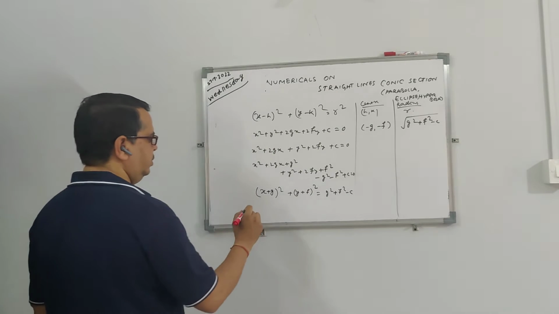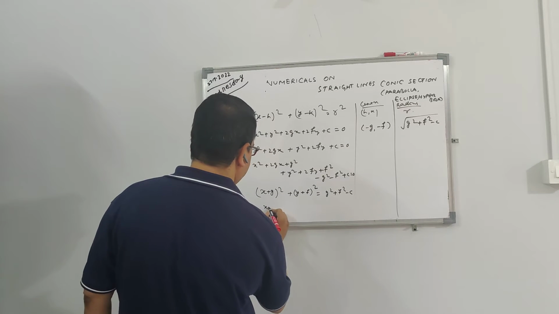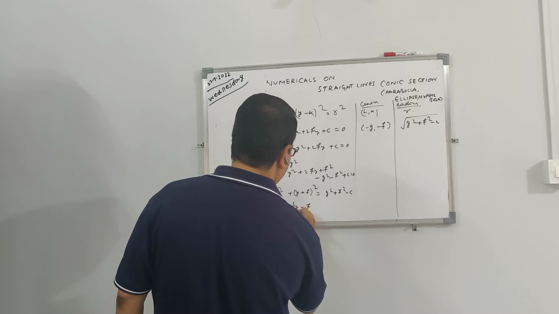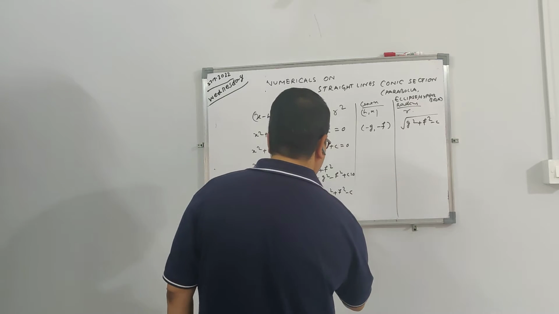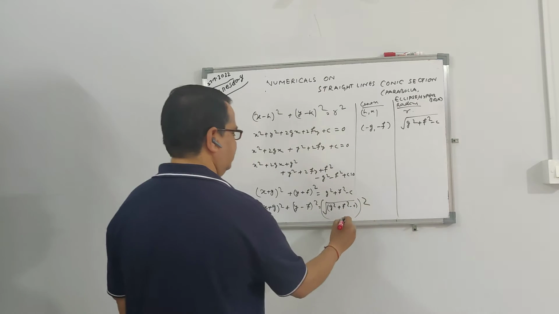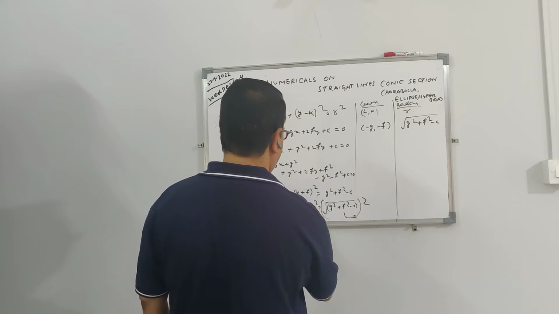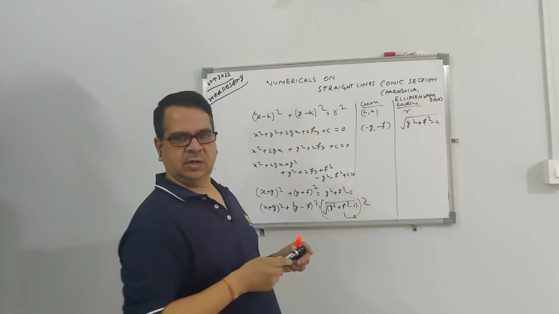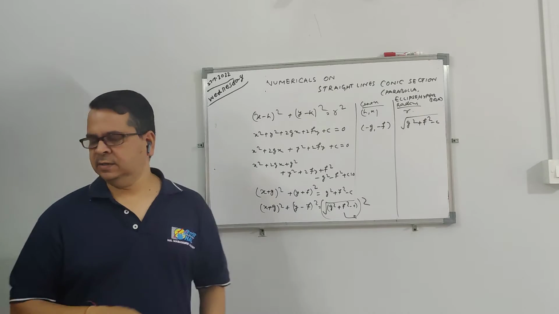So it has come to a condition like x plus g whole square plus y plus f whole square is equal to square root of g square plus f square minus c, whole square. That means this becomes the radius, and minus g and minus f become the coordinates of the center.